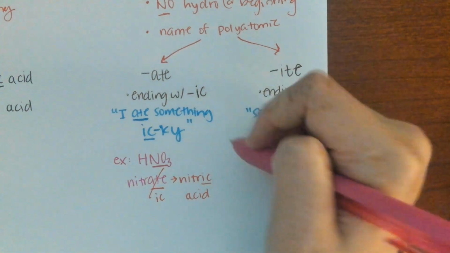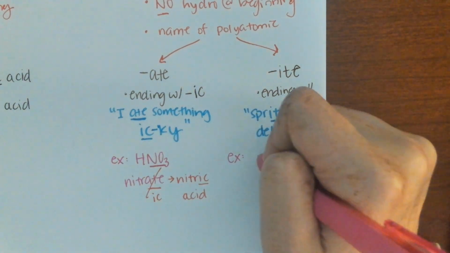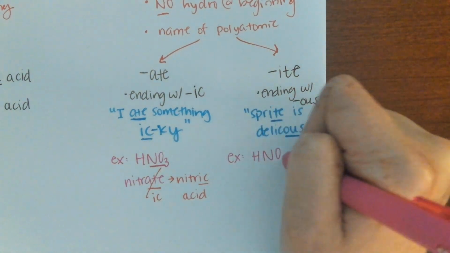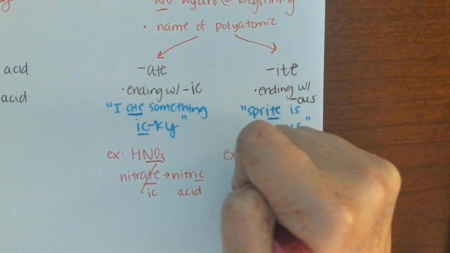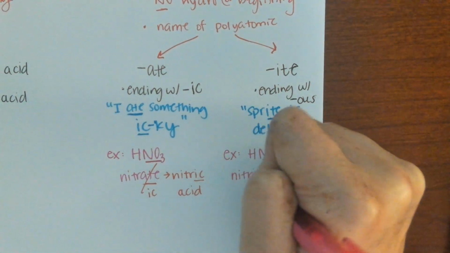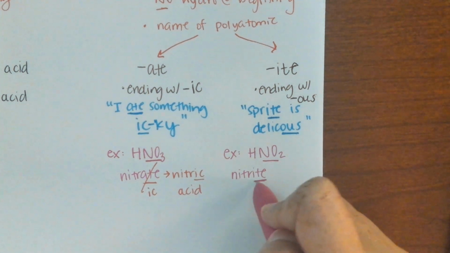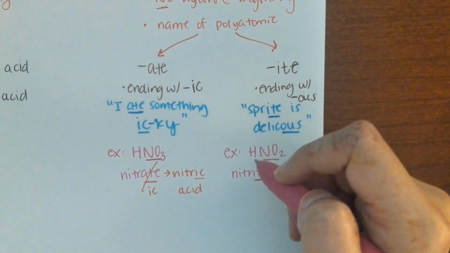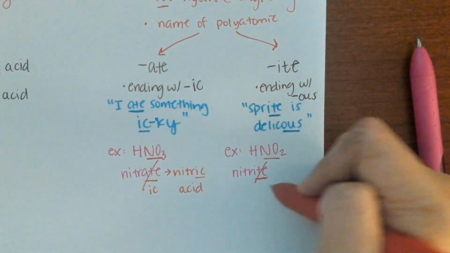Alright, and an example here, which is pretty similar to HNO3, so I'm going to do HNO2 this time, because NO2 is nitrite. Nitrite, you're going to change this to ous.